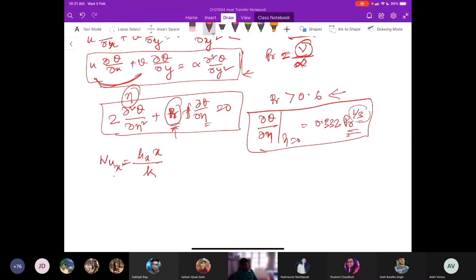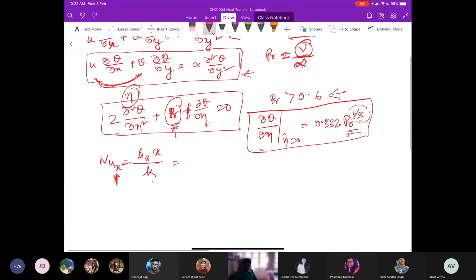This is the local Nusselt number. Local means at any position x from the leading edge, it equals the convective heat transfer coefficient at that position multiplied by x, the distance from the leading edge, divided by the thermal conductivity.